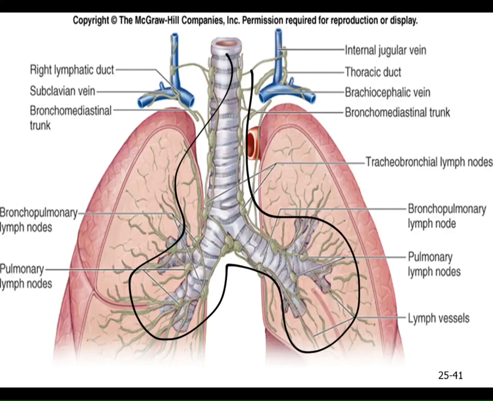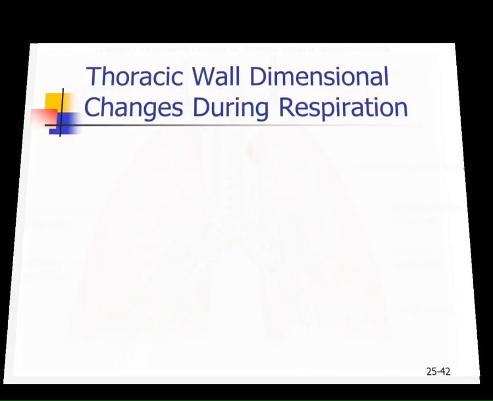But it's also true that cancers from someplace else will sometimes metastasize to the lung. Because of all this lymphatic activity, this is a conduit for those cancer cells to travel. So the lung, unfortunately, becomes sort of a crossroads for much of the lymphatic activity.